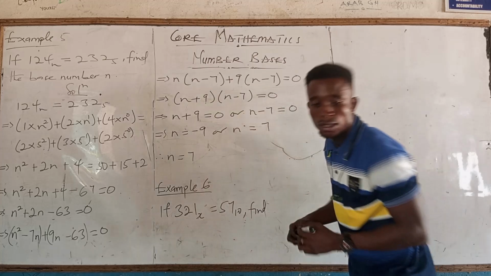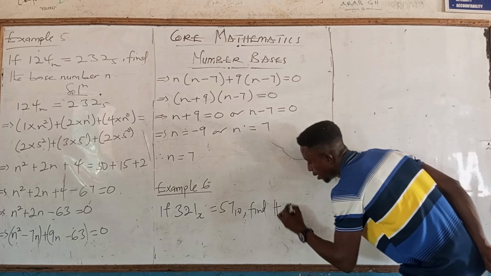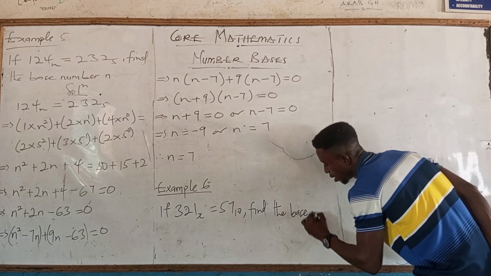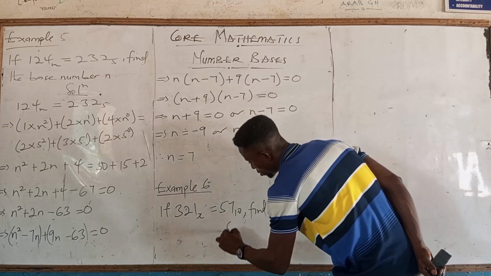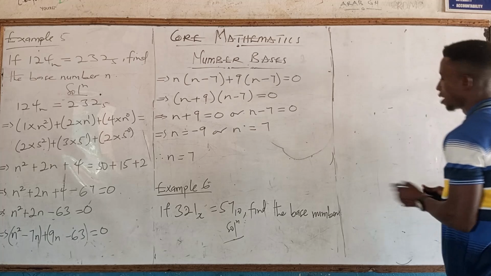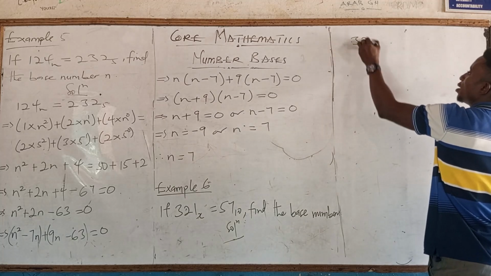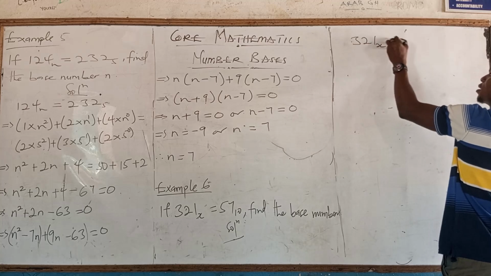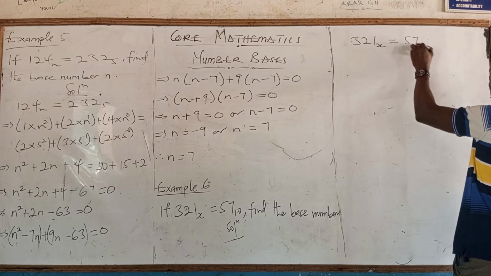Find the base number. Find the base number. So solution: I have 321 base x equating 57 base 10.